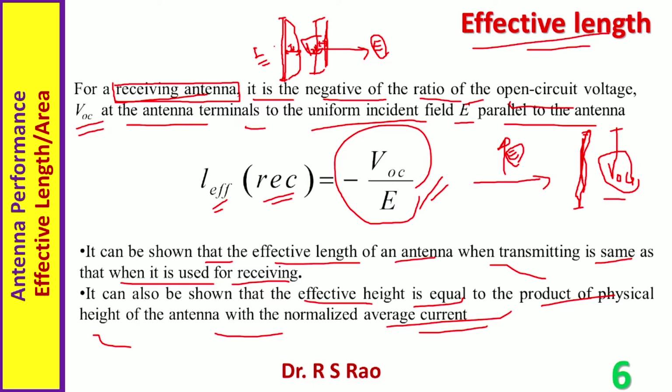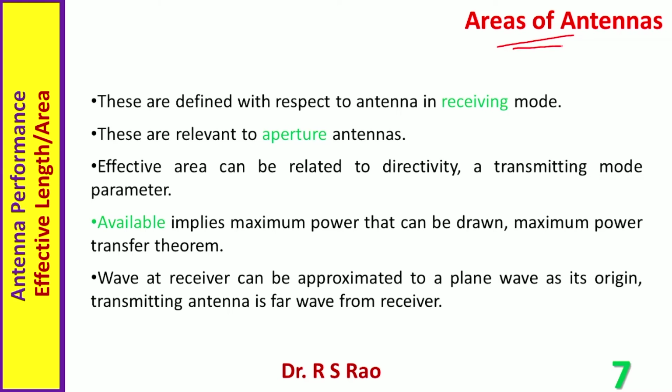This is the definition. As per the definition, it can be shown that effective length is equal to the product of the physical height of the antenna with the normalized average current. Now we move to another important specification of antennas: areas, effective area. In addition to effective area, there are some more areas when the antenna is in receiving mode.